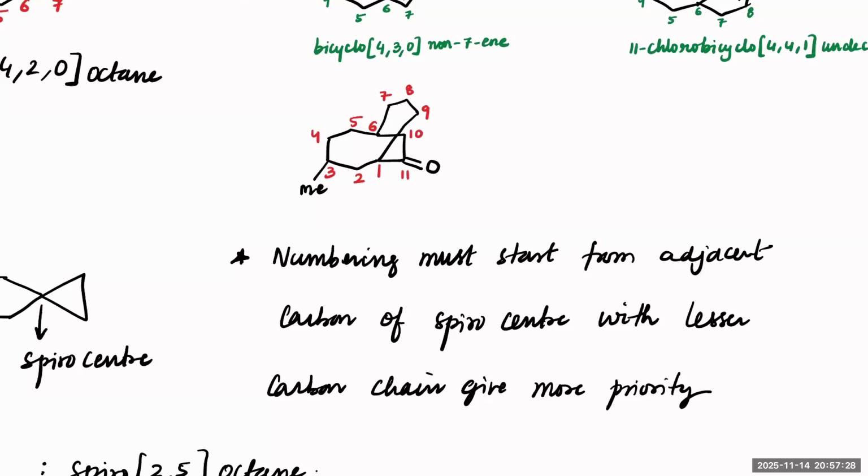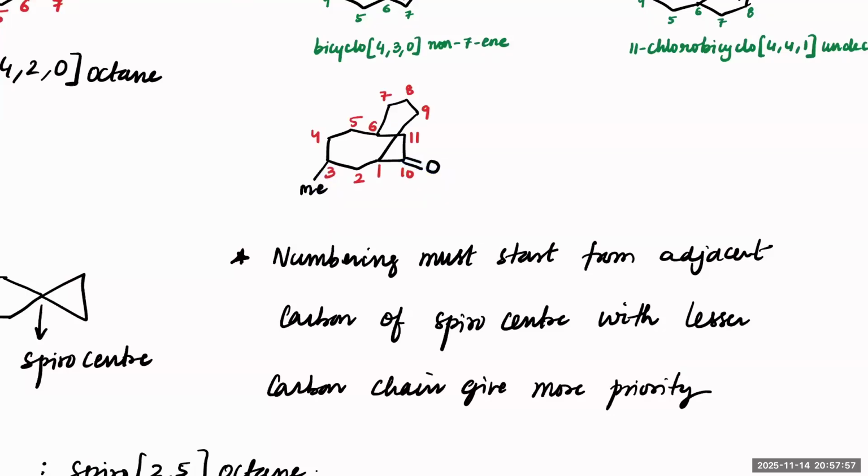Okay, correct? This is one way. Or on this, sorry, I can write 10 and 11 here also. 10 and 11. Okay, got it? In this case, I am getting the methyl on third position and double bond on 10th position.